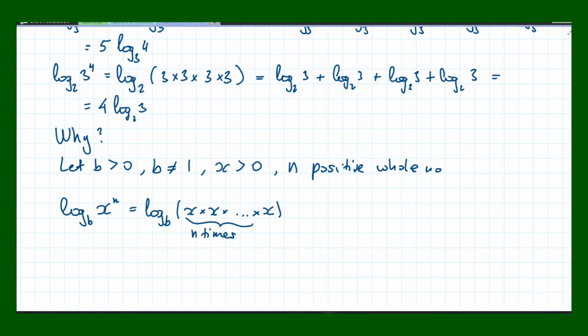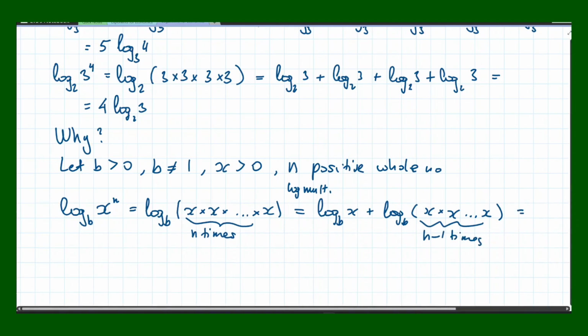But then again, now we can apply the log multiplication rule. I'm just going to call it log mult. So we remind ourselves that this is the log multiplication rule, basically the rule where there is a multiplication behind the log sign. And we're going to apply that repeatedly. By that, I mean that I can replace this with log base b of x plus log base b of x times x times x, but now I would have it n minus 1 times.